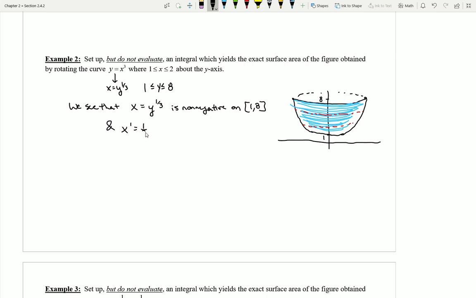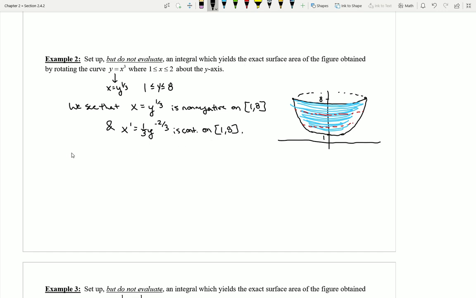Also, x prime, which is 1/3 y to the negative 2/3, is definitely going to be continuous on the interval from 1 to 8. Notice again that if I was to rewrite this, my y to the 2/3 power could be shifted to the denominator and made positive. And then the only time where this would be discontinuous is at 0. And since 0 is not a part of our interval, we know we have a nice continuous function there.